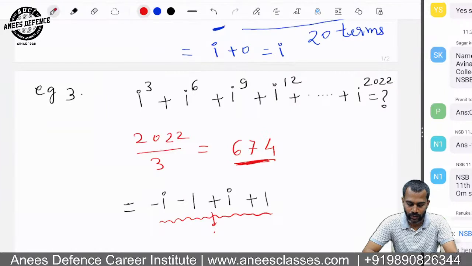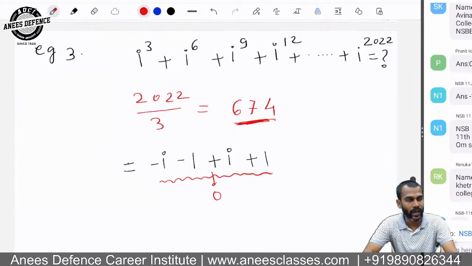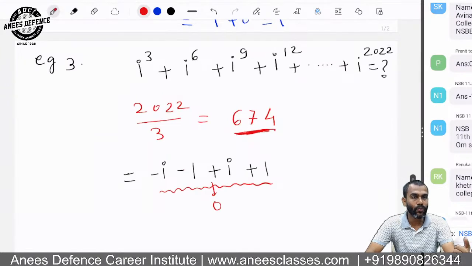Dividing 74 by 4, the remainder is 2. It means we have to take only two terms aside, and the rest of the terms will become 0, because the number of terms will be a multiple of 4.